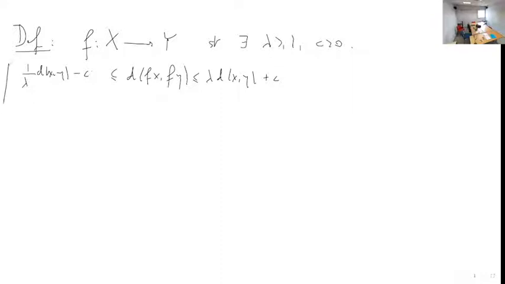And there was a second condition saying that the image was co-bounded. This means that if you look at the balls centered at the images of radius c, then they cover the whole space.